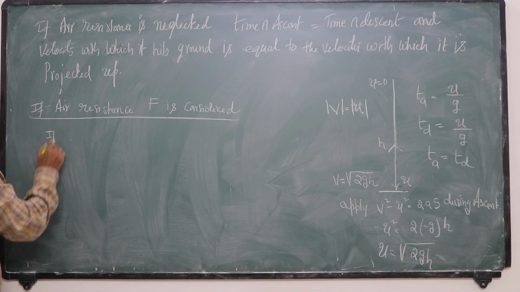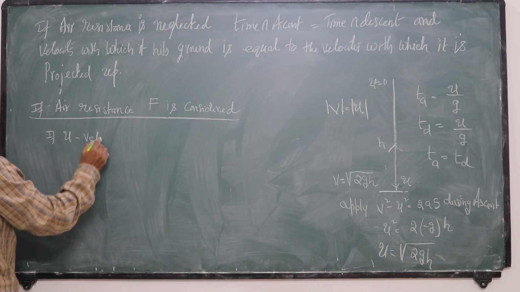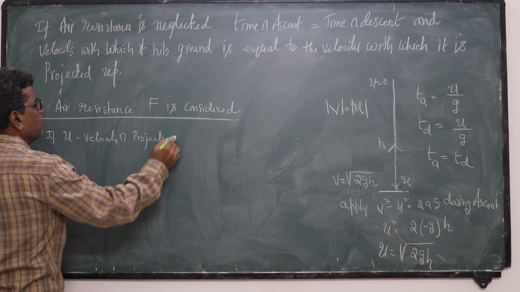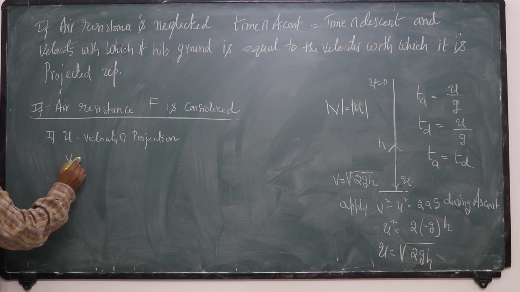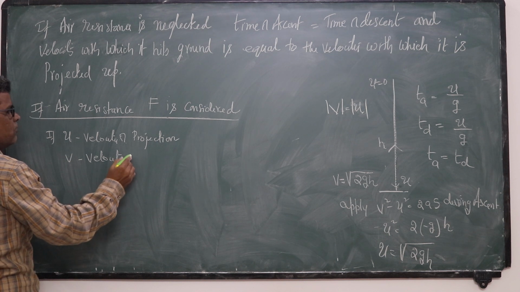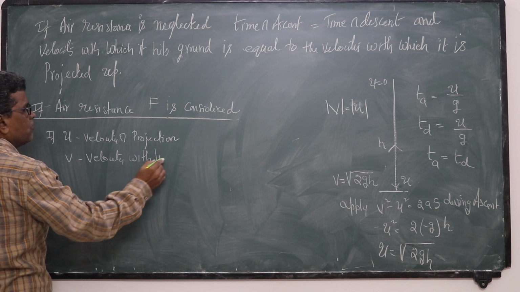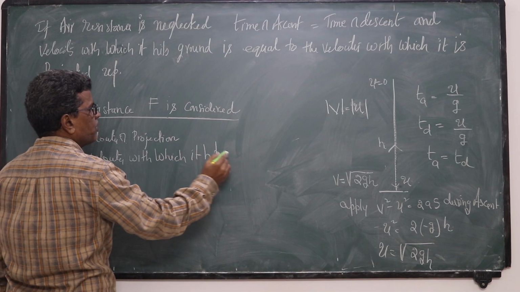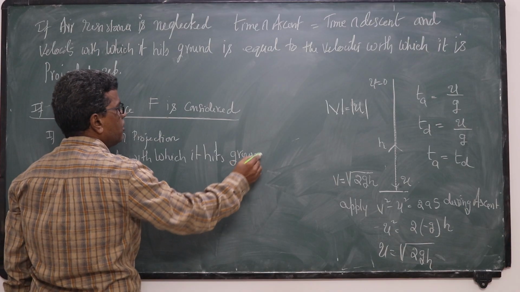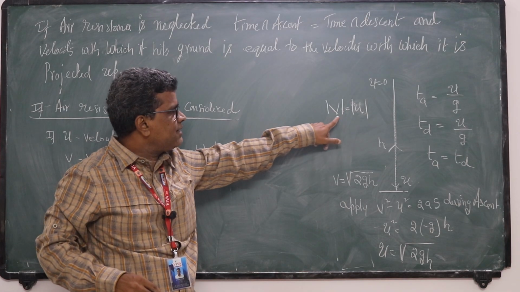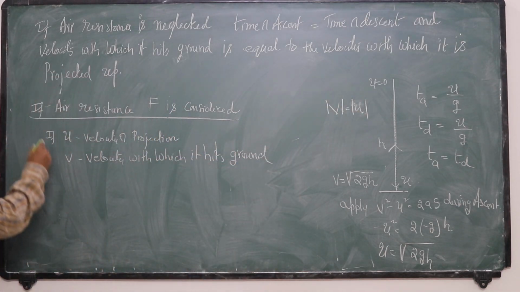If u is the velocity of projection and v is the velocity with which it hits the ground, now these two are not equal. If air resistance is neglected, then these two are equal. If air resistance is considered, then how are these two related?